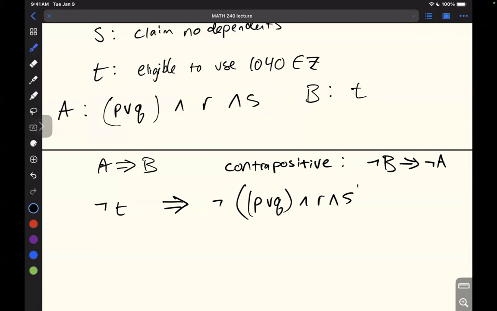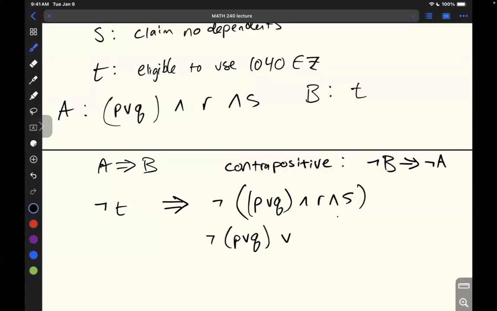To distribute this, De Morgan's laws say this is not P or Q, and we flip it. And then we can distribute this.